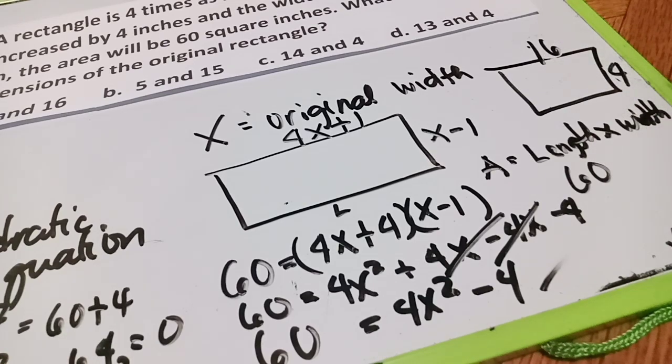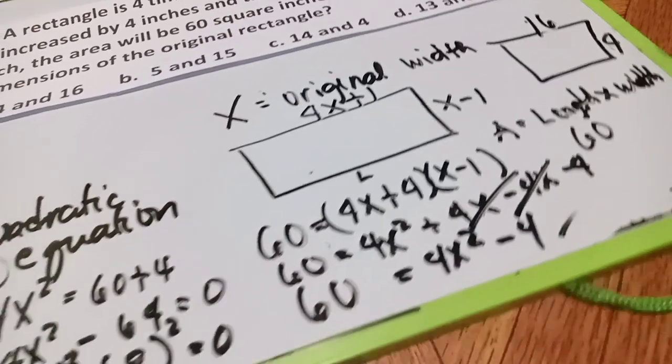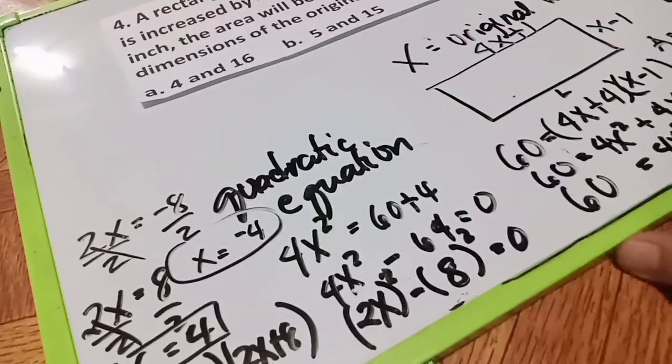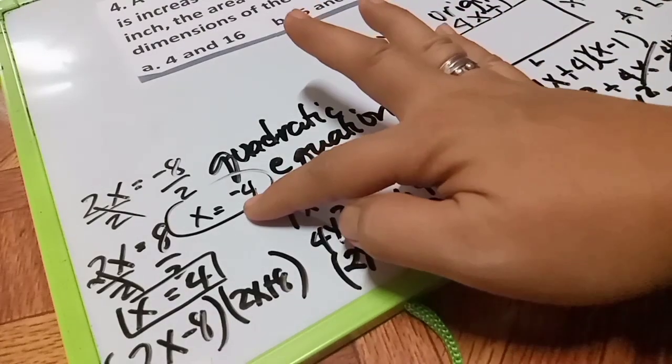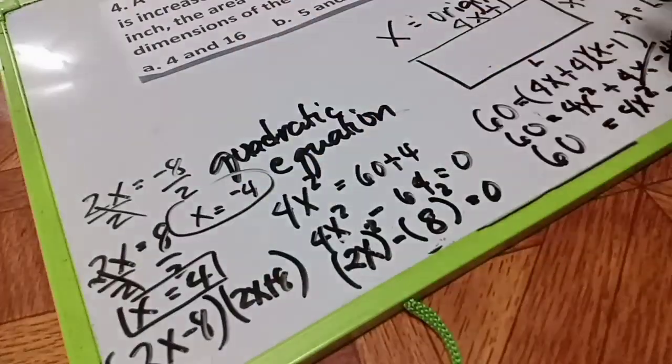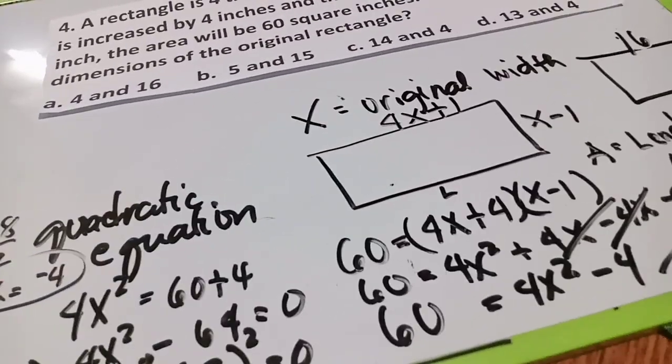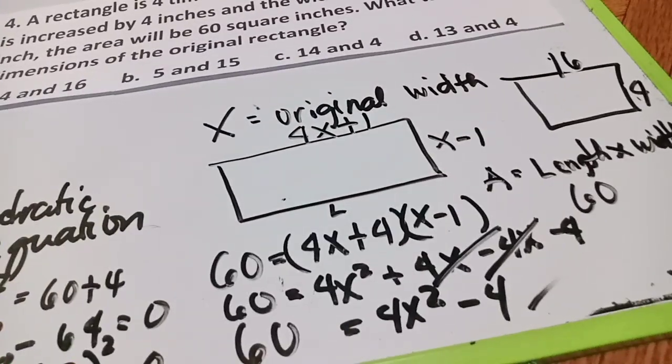So it's very long when it comes to the computation. But if you know how to factorize, the answer to the quadratic equation is positive 4 and negative 4. The dimension cannot be negative, and the question requires the dimensions of the original rectangle.